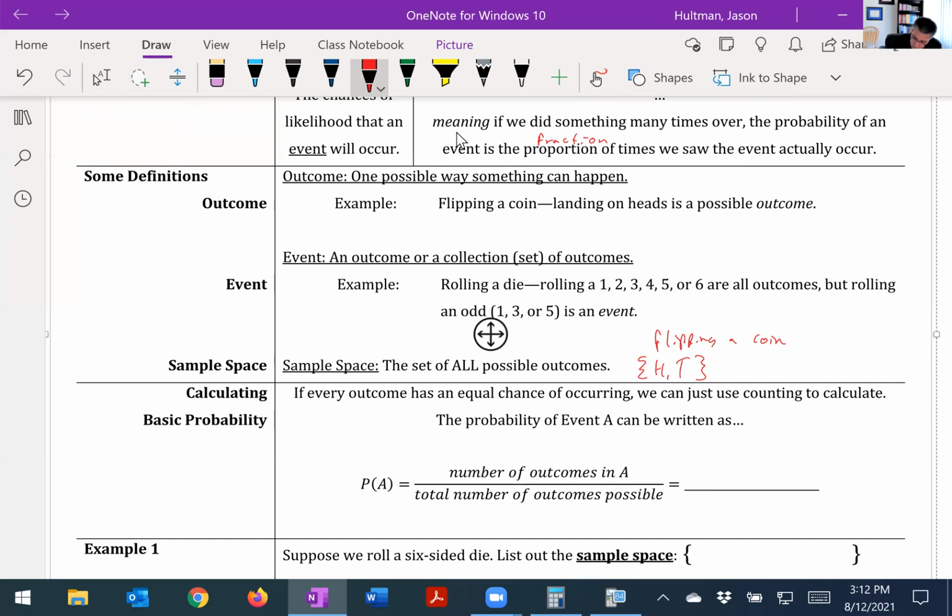The probability of event A can be written as the number of outcomes in A, or what we want to have happen, over the total number of possible outcomes. So these are called the desired outcomes over the possible outcomes.